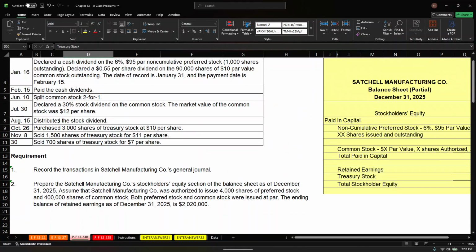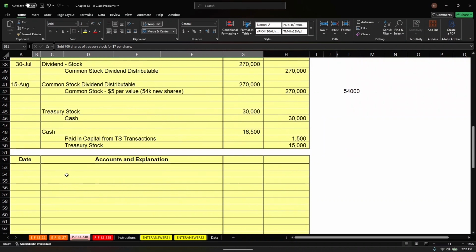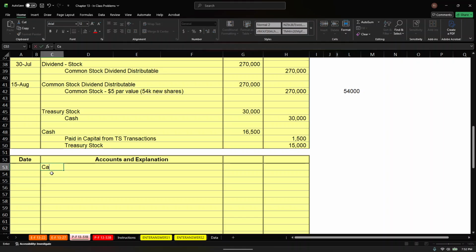Okay. And now we have a sales transaction of 700 at $7 a share. So we're going to be receiving cash, $7 a share times 700 shares. Our treasury stock account is going to be transacted at 700 shares times $10, which is again our cost basis.